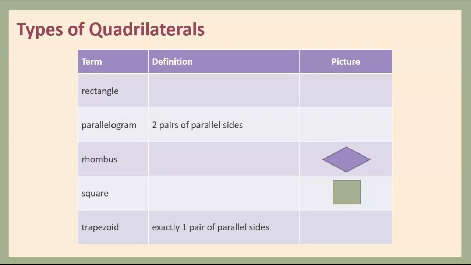But we need a precise definition of what a rectangle is. What features does a rectangle have, or do all rectangles have? We know that they all have 4 sides. We know that they all have 2 pairs of parallel sides. We know that they have 2 pairs of sides that are the same length.